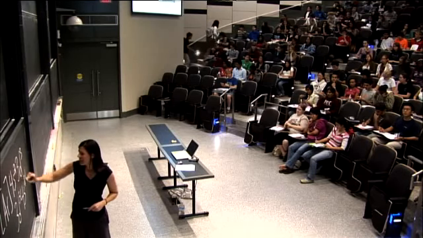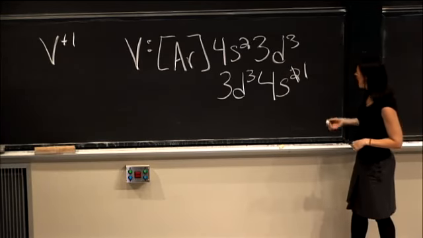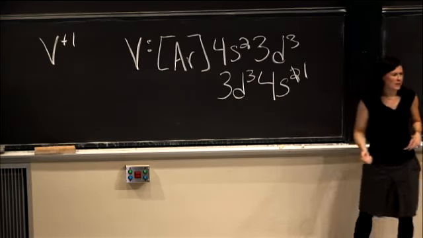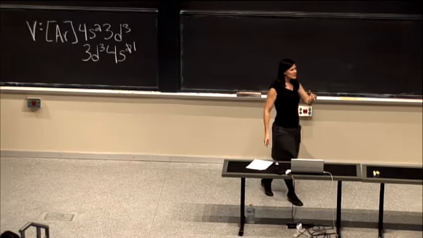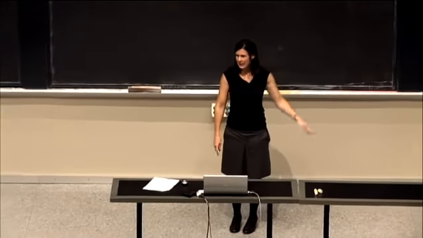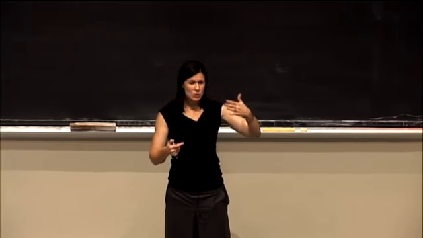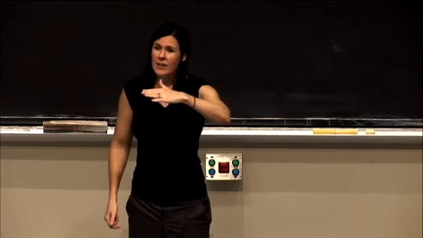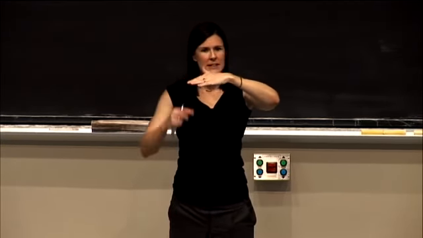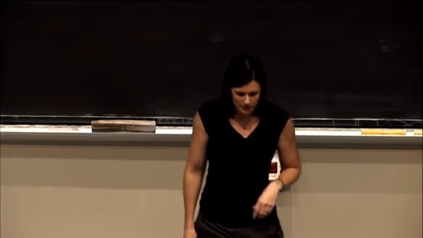So we take an electron out of the s, which gives us 3d3 and then 4s1. It's a little bit of a trick when you're dealing with ions. The best suggestion is to write it out completely for the neutral atom, and then take an electron out of the highest orbital. It makes sense that it comes out of the highest occupied atomic orbital because that requires the lowest amount of energy to eject an electron.